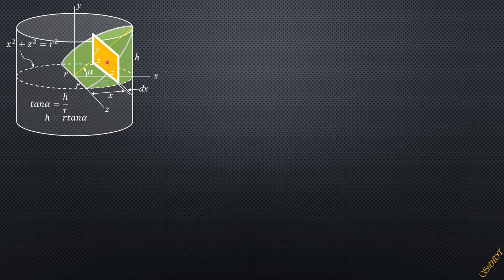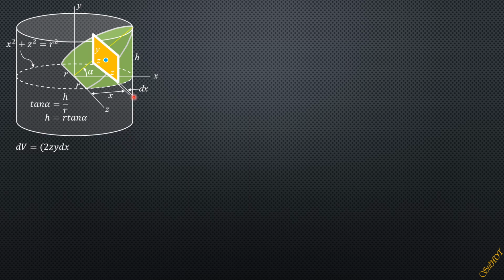Of course, the centroid is here, so that's why the distance of the centroid of the slab from the yz plane is simply x, while the distance of the centroid of this elemental slab from the xz plane is of course half of the height of the slab, so half of y.